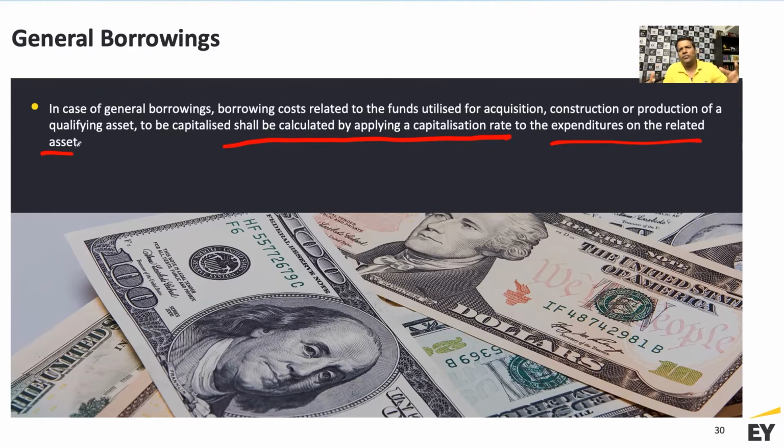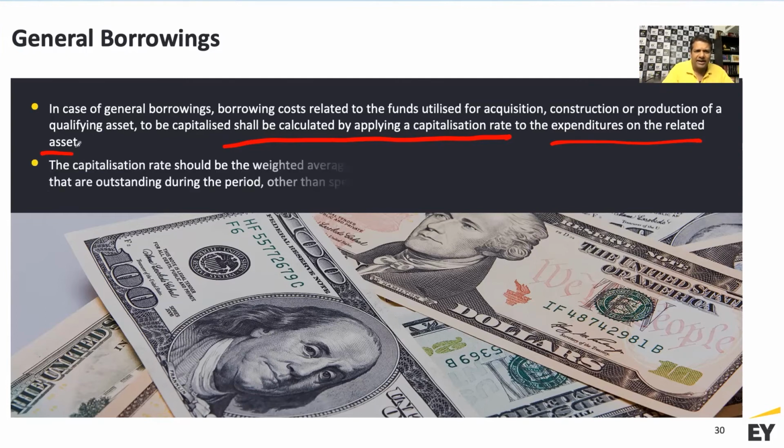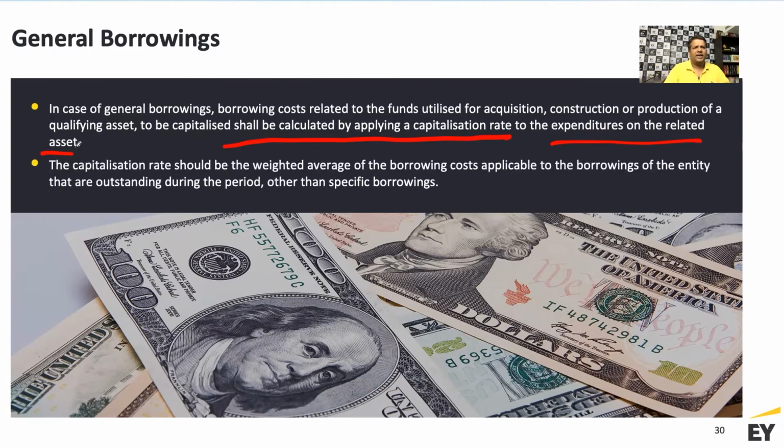You don't know whether I'm funding this from my working capital loan or from my corporate purpose loan or some other loan which I've taken, and so on. So you have to determine the rate of capitalization. The capitalization rate should be the weighted average of the borrowing cost applicable to the borrowings of the entity that are outstanding during the period, other than specific borrowing.